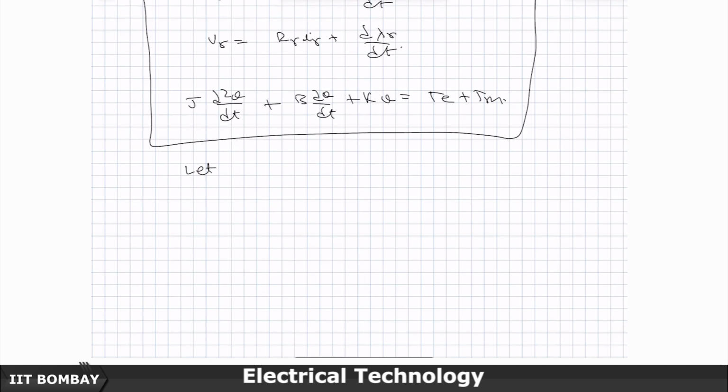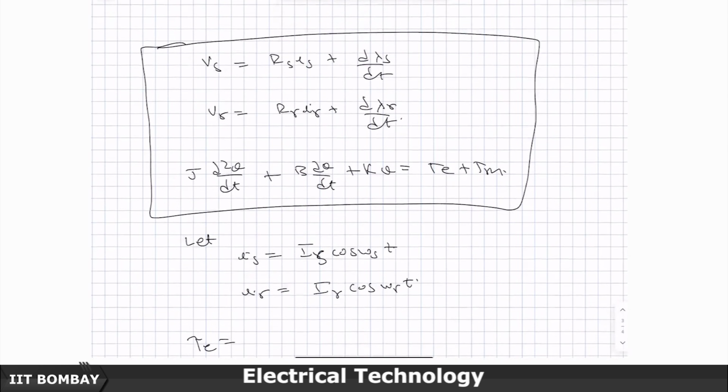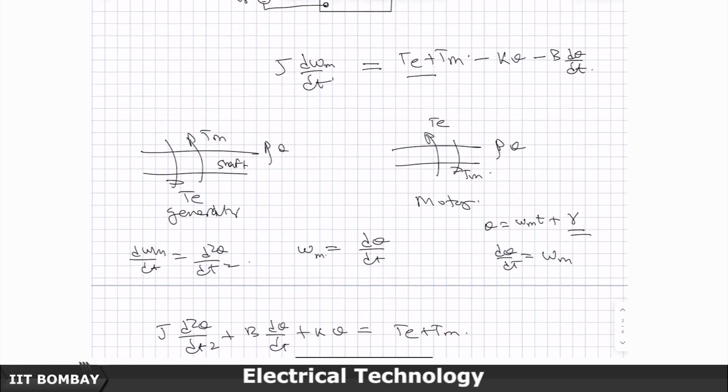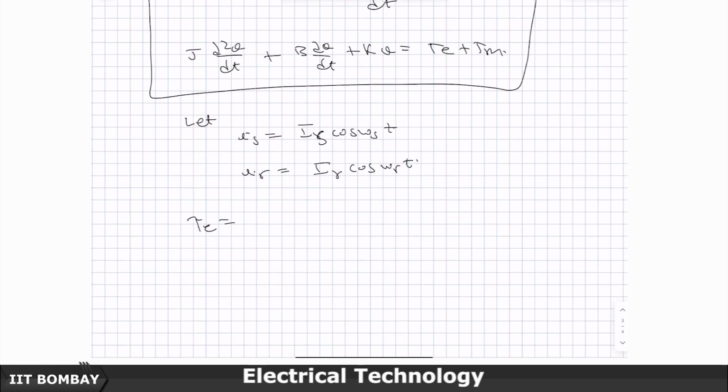So, towards that end, let Is be equal to capital Is cos of omega s t and Ir be equal to capital Ir cos of omega r t, and then let us look at what is going to be our Te. The Te that we had derived earlier was minus m Is Ir sin theta, is it not.